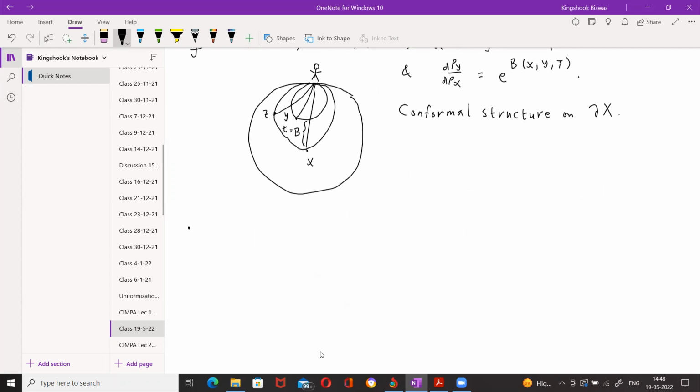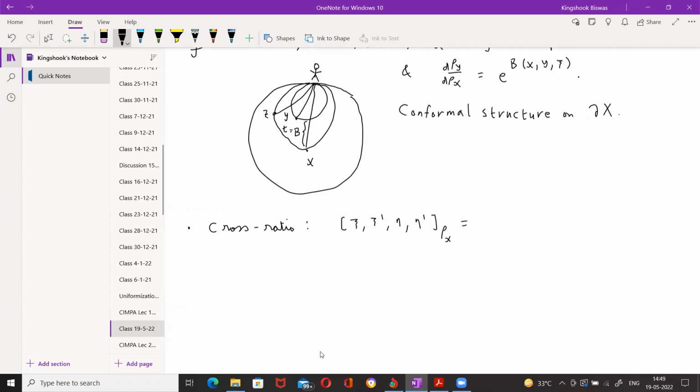So we can look at the cross ratio. We can define a cross ratio of a quadruple of points with respect to a visual metric. Suppose I take 4 points on the boundary, xi, xi prime, eta, eta prime, and I look at the cross ratio with respect to some rho x.